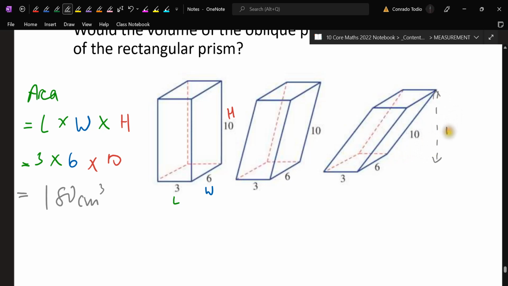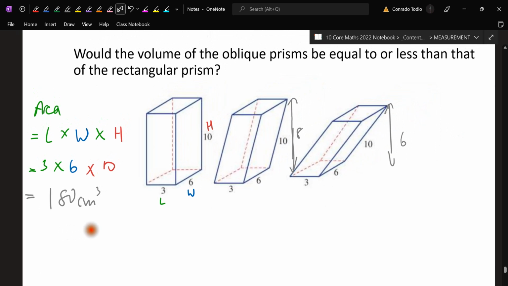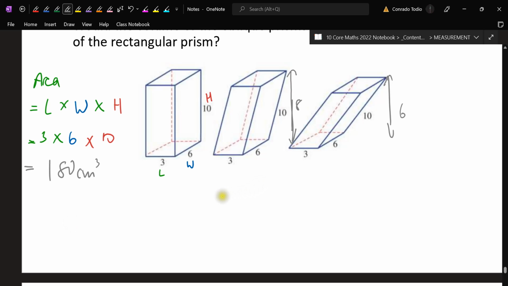The height could be something like 6, it'll be different just because of the obliqueness of it. You'll come across some questions like that, but make sure you understand that that's not the height. Obviously when you calculate these, it's all going to be different.